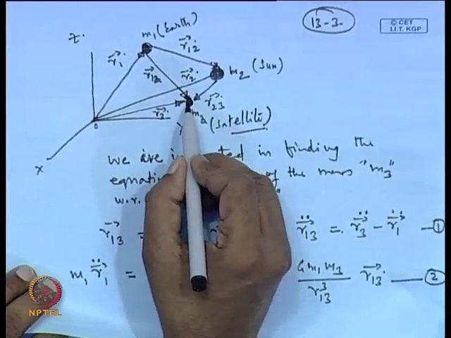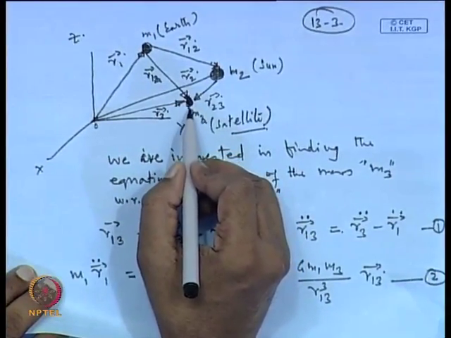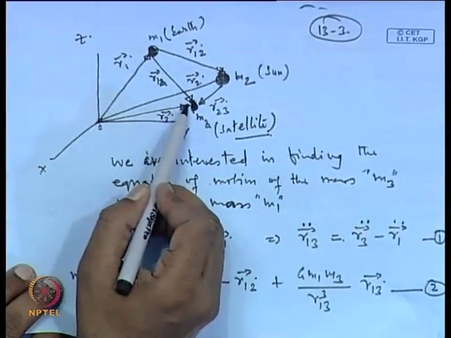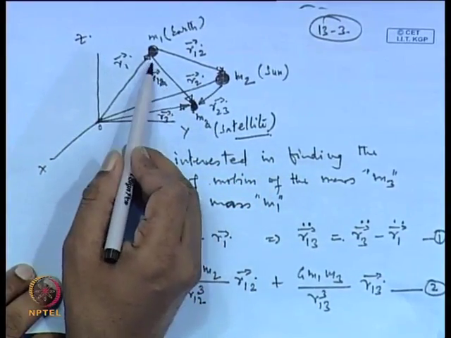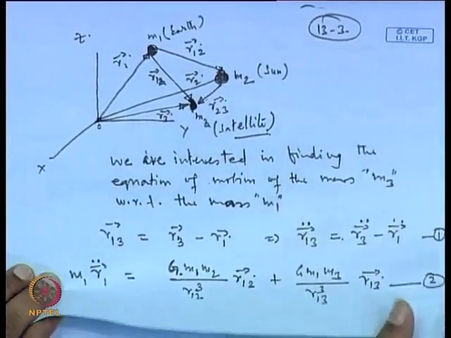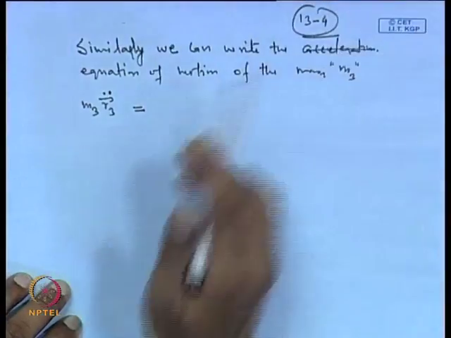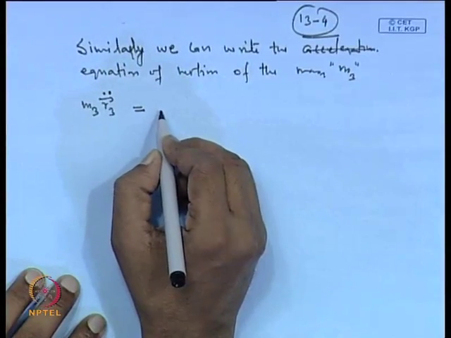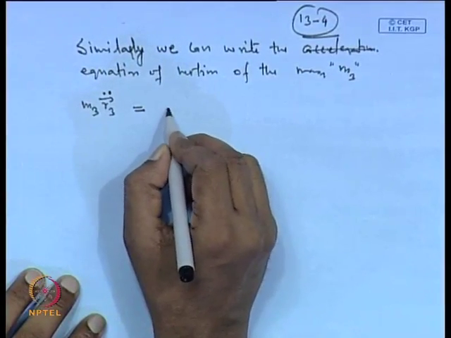So, we are now writing the equation of motion of M3. Therefore, the force acting on this is directed opposite to the r13 vector and also opposite to the r23 vector due to the mass m1 and m2. Therefore, both of the terms, the forces corresponding to these two masses, will have a negative sign.